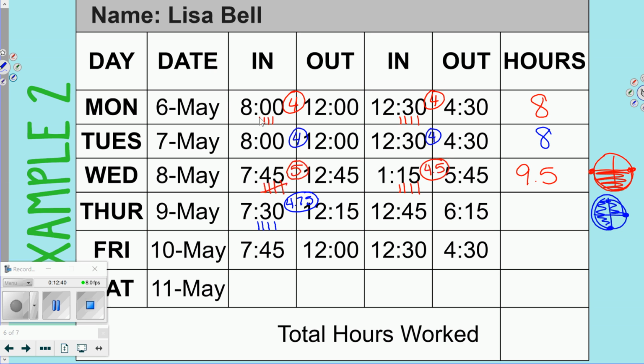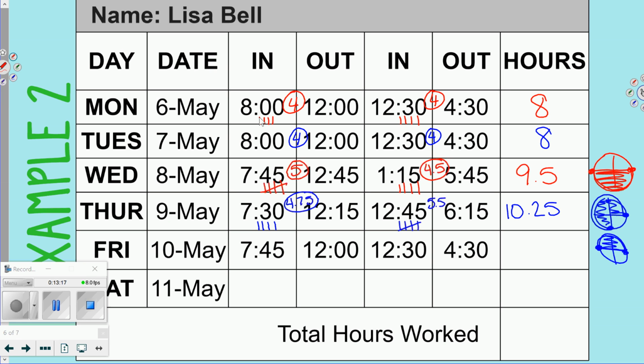All right, and then counting this one, 12:45, 1:45, 2:45, 3:45, 4:45, 5:45. So again, I'm at 45, and I'm trying to get to the 15. So I'm doing half. So it'd be 5.5 hours. So 4.75 plus 5.5, we're looking at 10.25 hours. That was a long day.